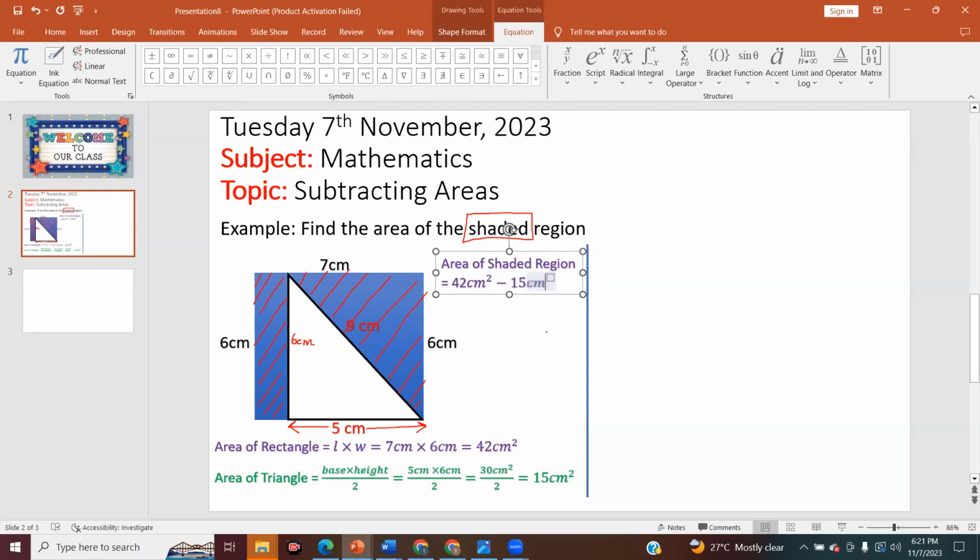So we have to subtract these two to get the area of the shaded region.